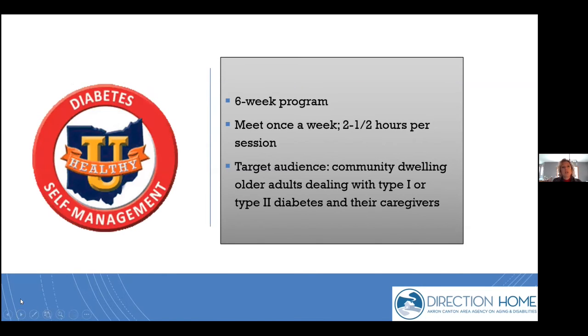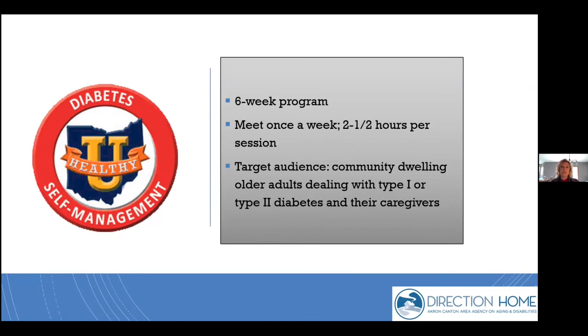So the next one in our Healthy You is diabetes self-management. Both this and the chronic disease self-management were designed by Stanford University. And this one is taught very much like the chronic condition self-management. It's just drilled down specifically to look at diabetes.